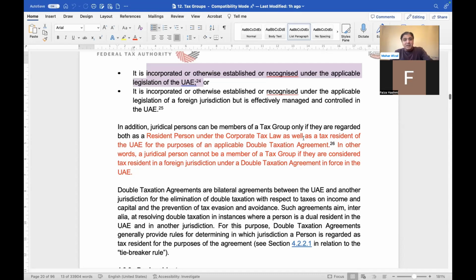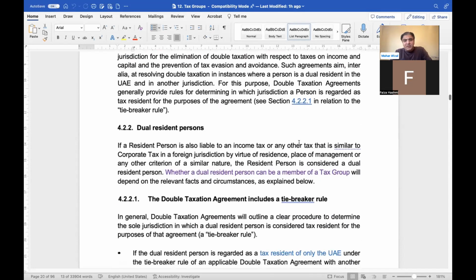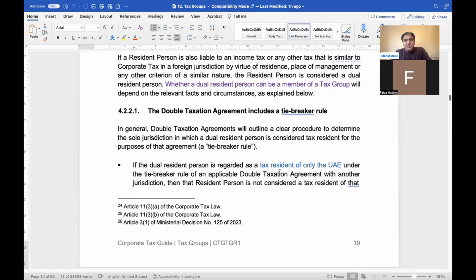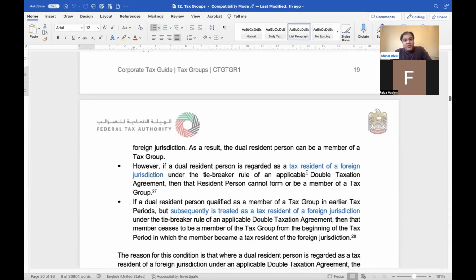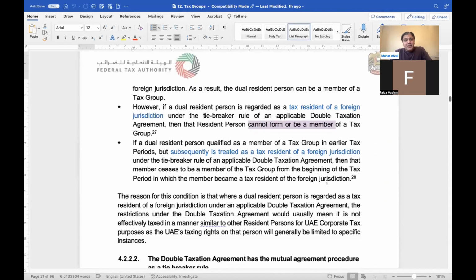So this has been mentioned here. You can go through this dual residency: whether a dual resident can become a member of the tax group. If the person is a tax resident of the UAE only, yes, the person can become a part of the tax group. If the person is a non-tax resident of a foreign jurisdiction, then the person cannot be a part of the tax group.